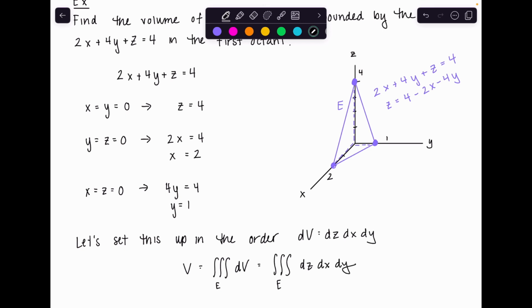Again, regardless of the x and y point you pick, which is somewhere down here, you're always going to start at the bottom of the shape, which is 0, and you're going up to the plane.